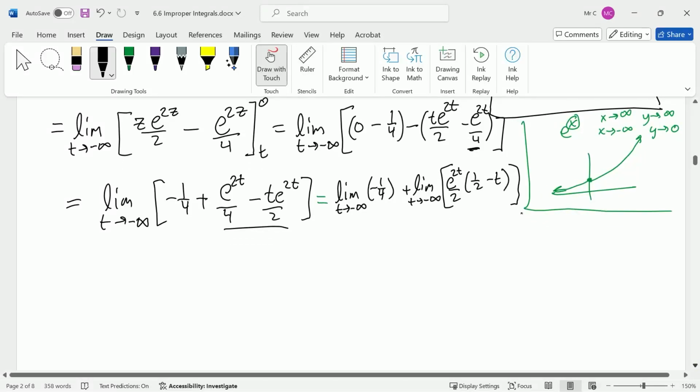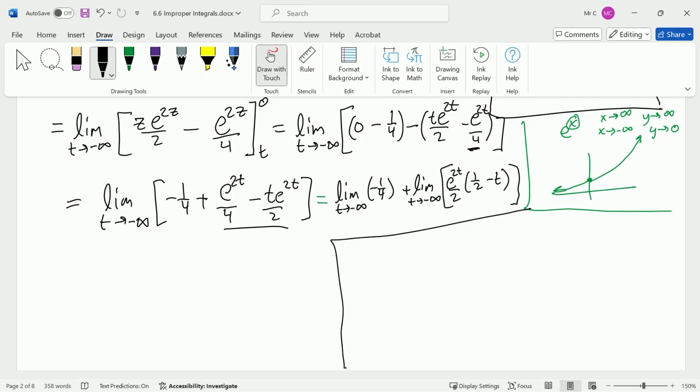Okay, so now I'm going to deal with this limit separately, off to the side. The limit as t goes to negative infinity of this expression, but I'm going to write e to the 2t in the denominator, so I'll get it as e to the negative 2t, and up top we still have 1/2 minus t.